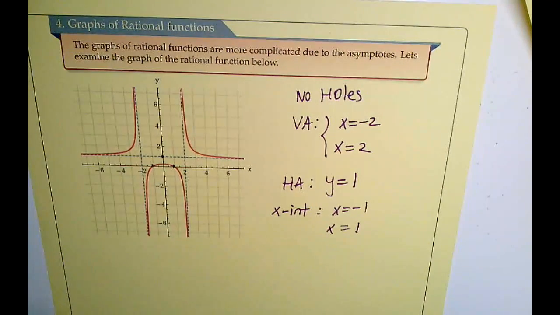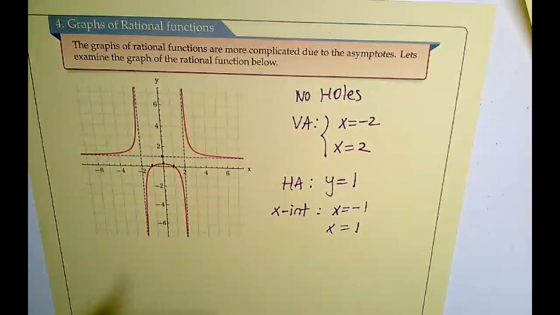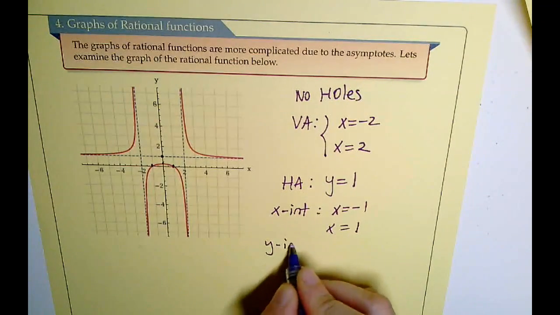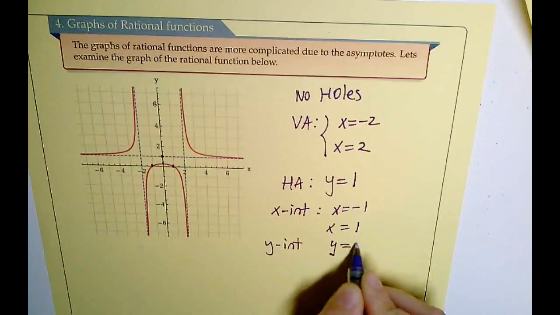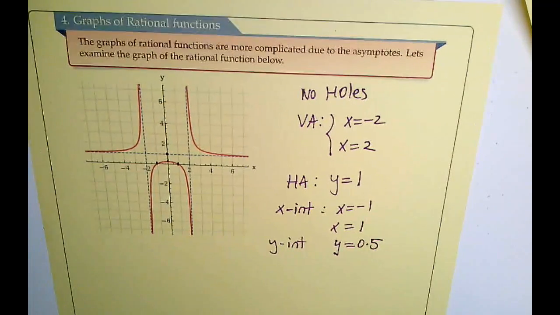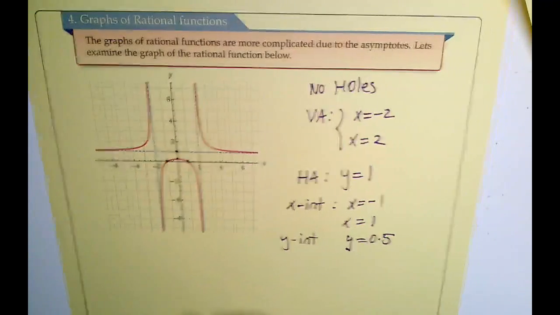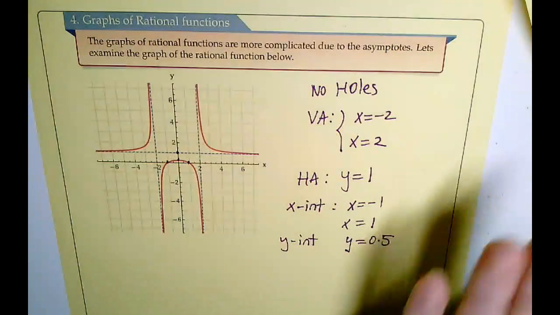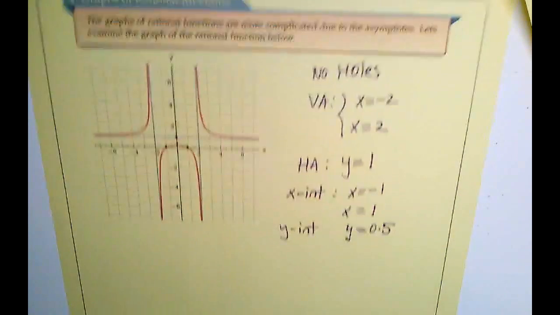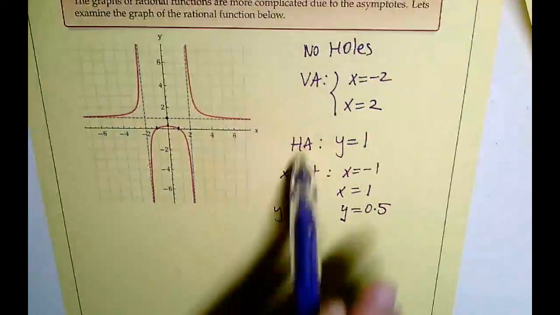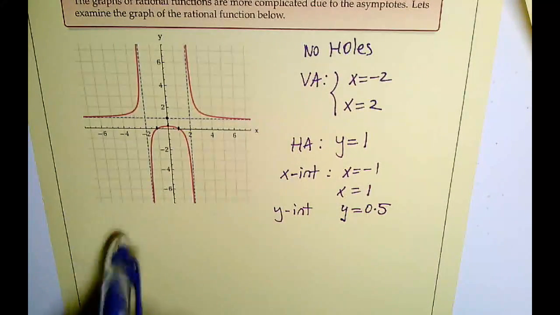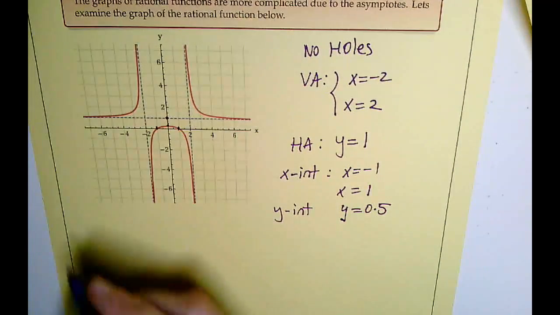And the y-intercept happens at 0.5. So we can get all this information from the graph. We don't have to do any algebra to get it. But if you have the function, you do all the algebra to get this information.